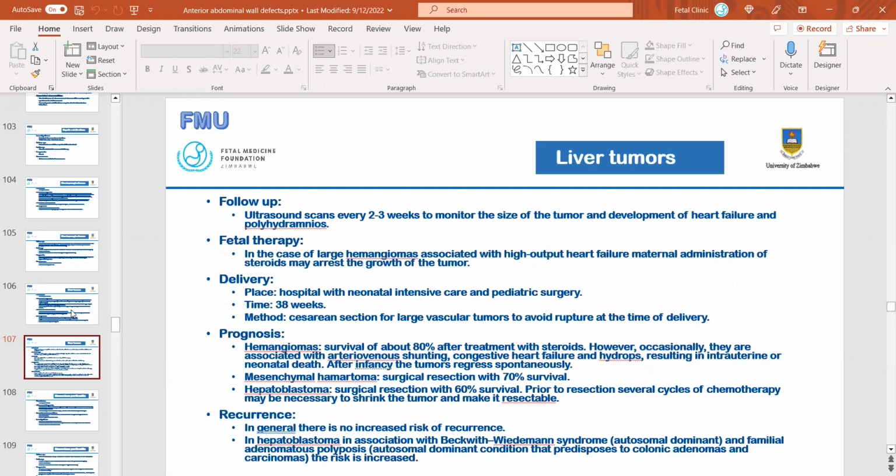In general, there is no increased recurrence for these tumors. In hepatoblastomas associated with Beckwith-Wiedemann syndrome, which is autosomal dominant by the way, and also those associated with familial adenomatous polyposis, which is also an autosomal dominant condition, the risk is increased.